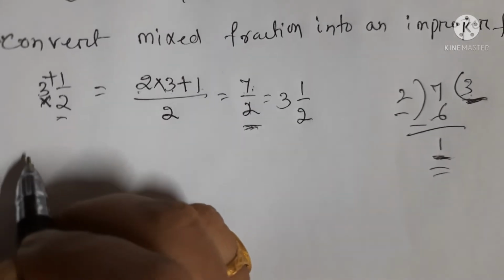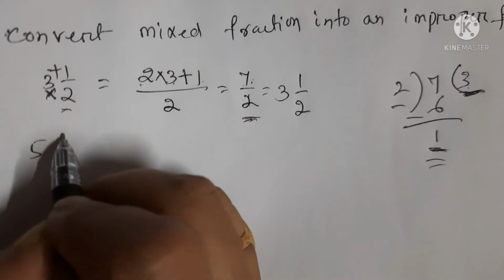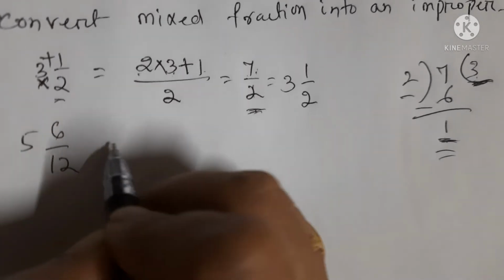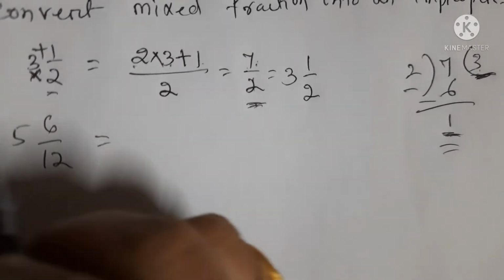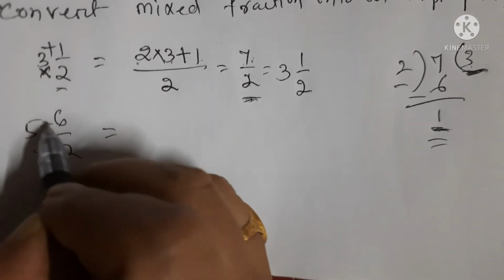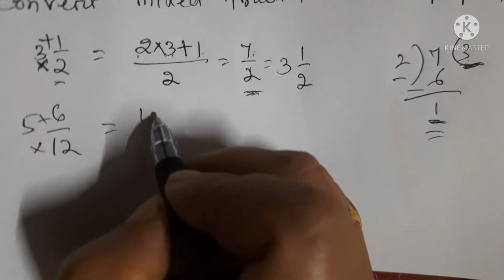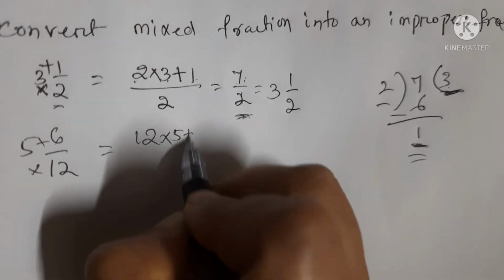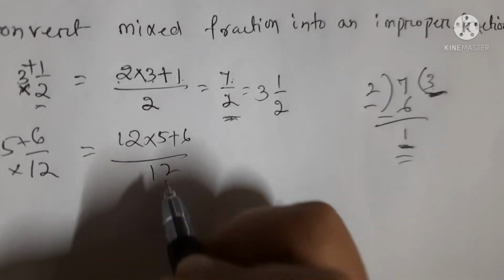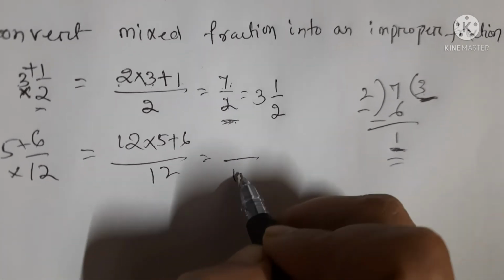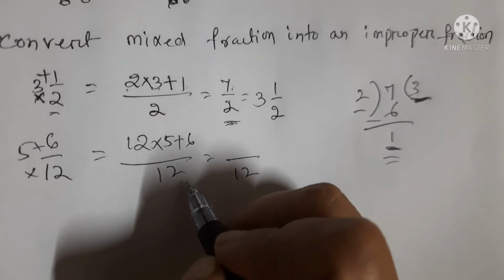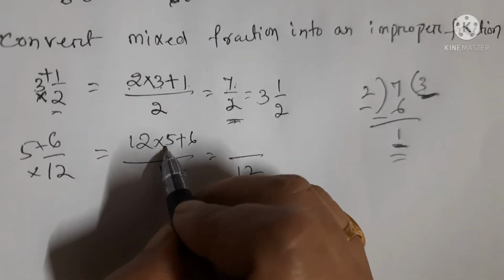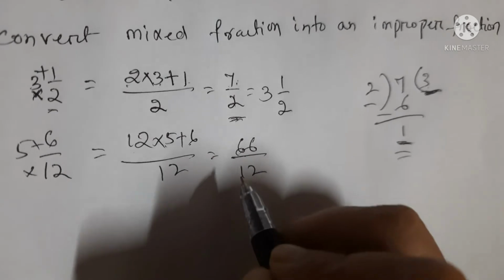Next we will move to the next one. 5 6/12 is equal to, now here also you apply the same process. 12 into 5 plus 6, by 12. Here the denominator is 12, then 12 5s are 60, 60 plus 6 is 66.